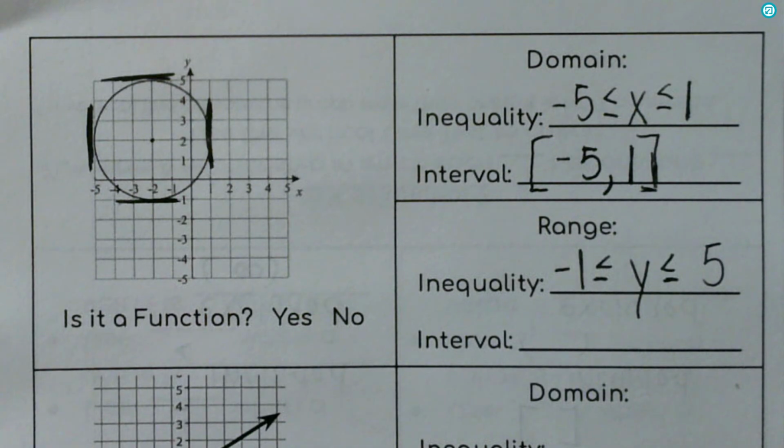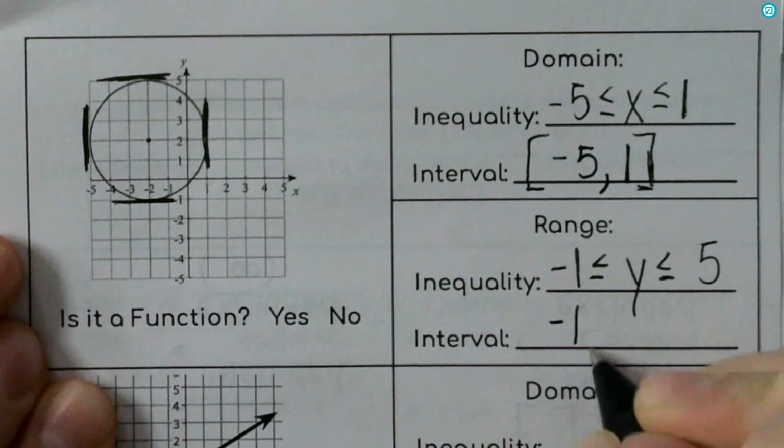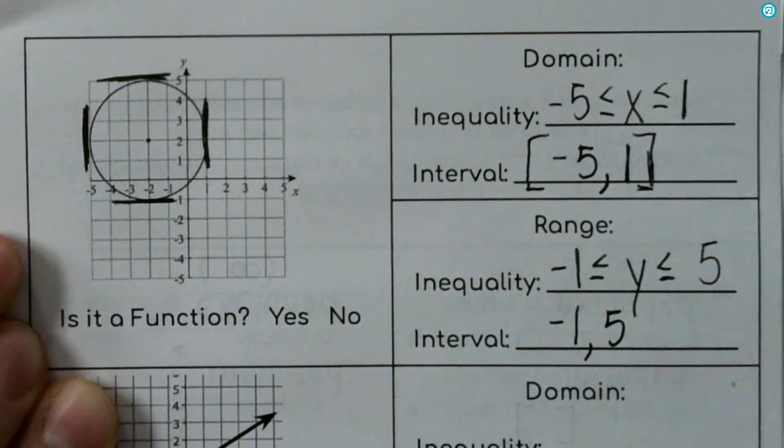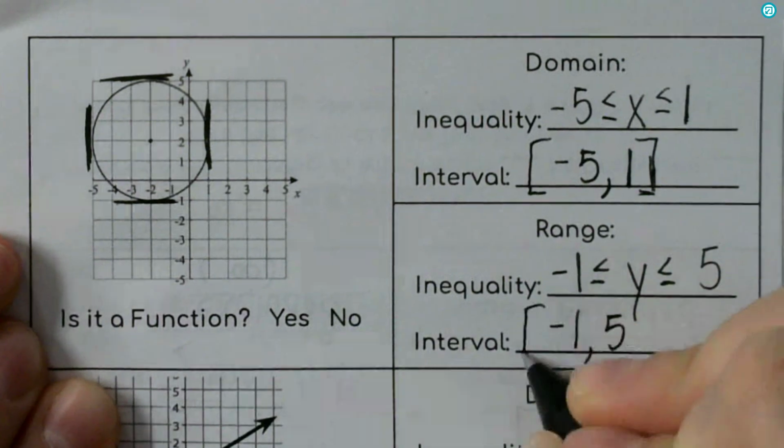Okay, and then for interval notation, we use those same numbers with just a comma in between them. So negative 1, comma 5, and that gets brackets.